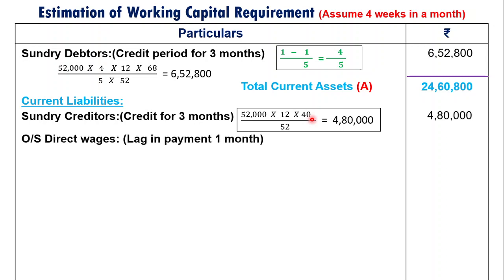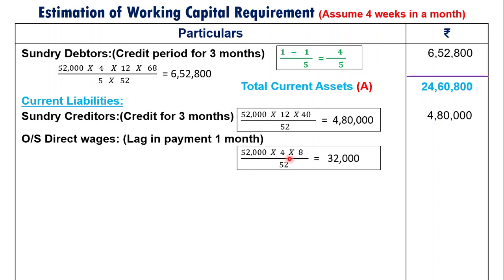The second current liability is outstanding direct wages. There is a lag in payment of wages, and the time given is 1 month. 1 month of lag in payment, or postponement of payment of wages. 52,000 is the level of units into 4 divided by 52, that is 1 month is equal to 4 weeks, into 8 rupees per unit.